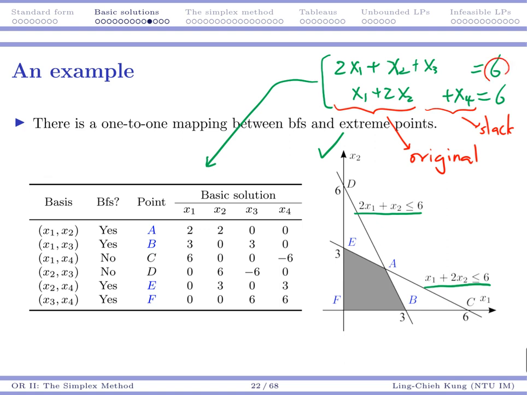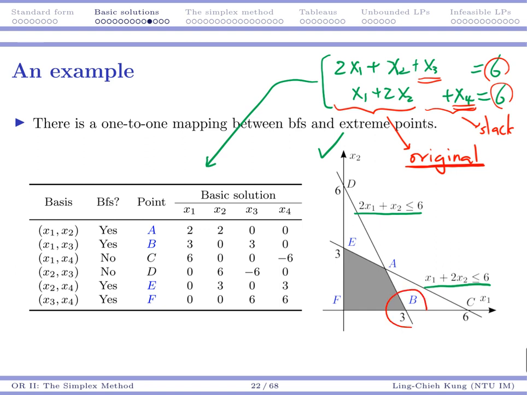And the 6 and the 6 are the amounts of resources you have. Resource 1 may be machine hours, and resource 2 may be labor hours. And then x3 and x4 are just the amounts of resource that you have not used. So your solution is basically dealing with original variables.